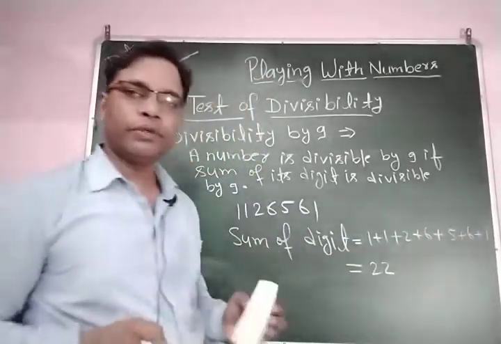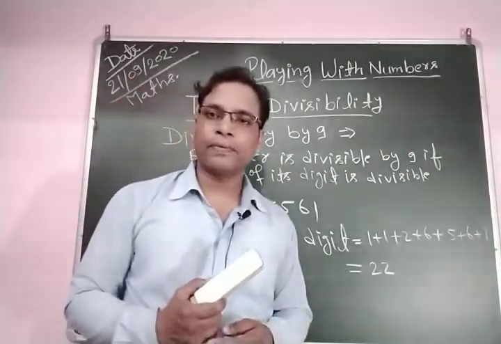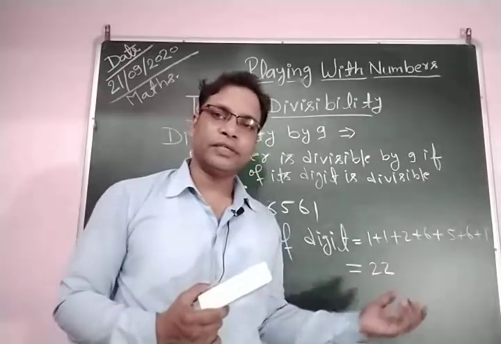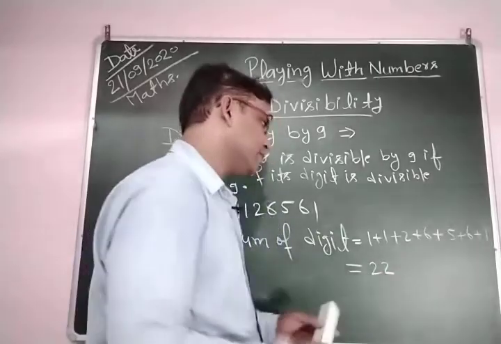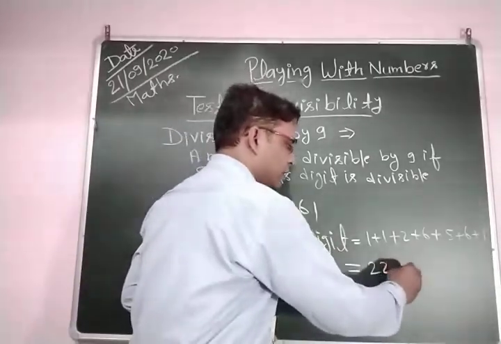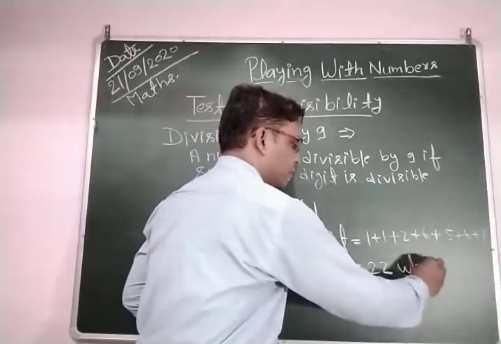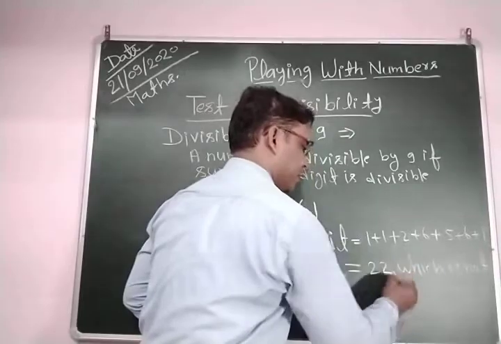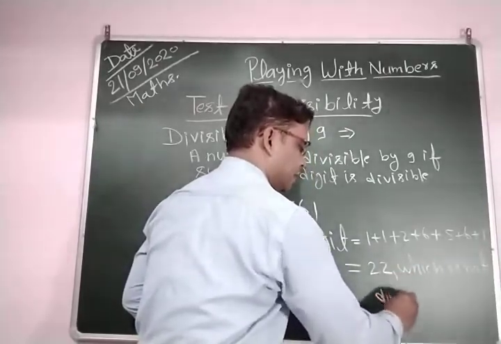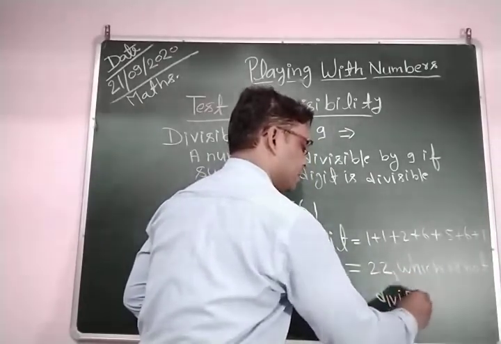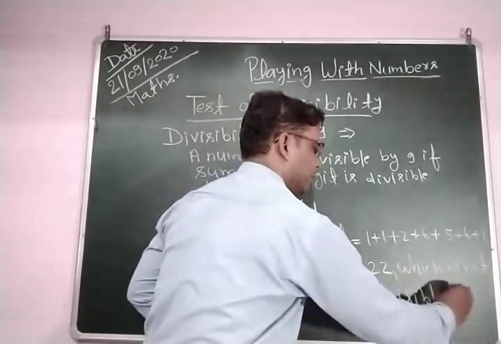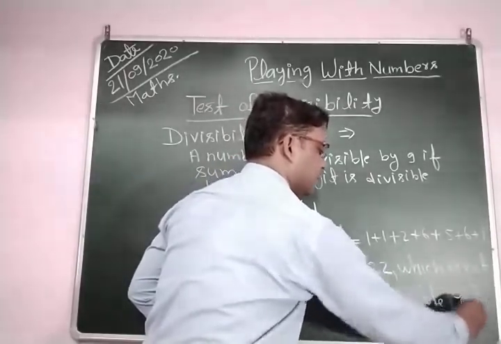So you know very well 22 is not divisible by 9. Okay, 22 is not divisible by 9. You can write here: which is not divisible by 9.